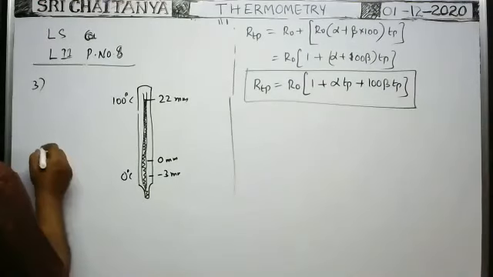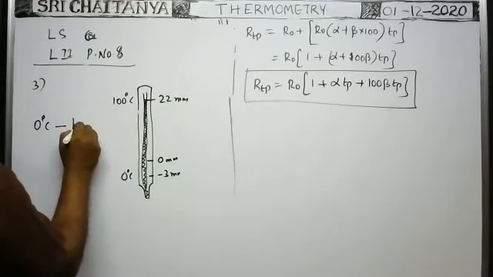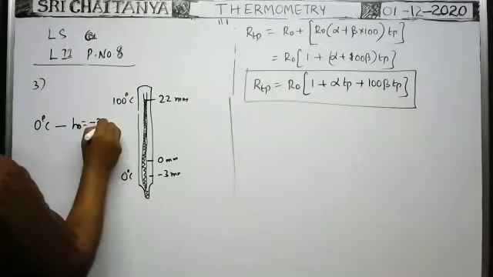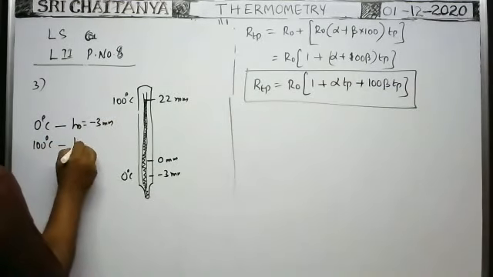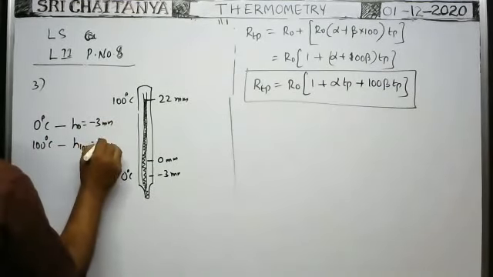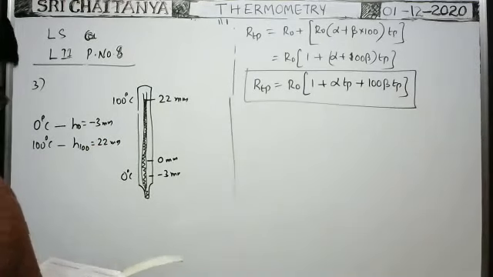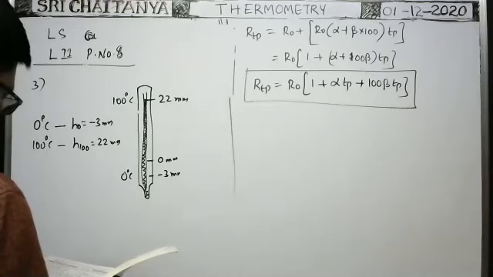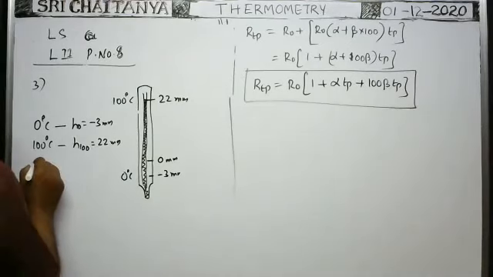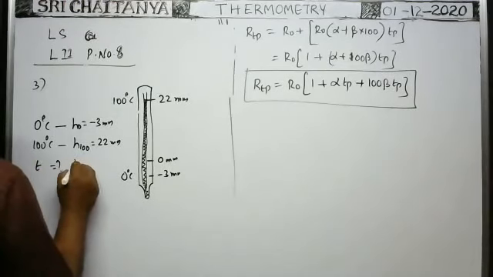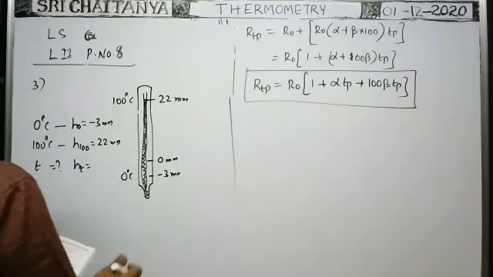So at 0 degrees centigrade, H naught is equal to minus 3 millimeter. At 100 degrees centigrade, H100 is equal to 22 millimeter. What is the temperature when HT is equal to 13 millimeter?